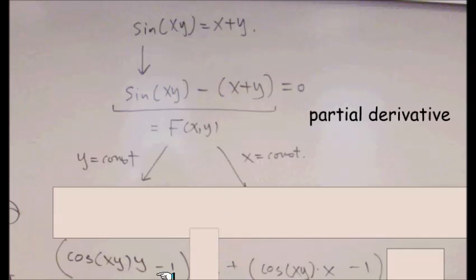So this is the result of differentiating this one, leaving y as a constant, and this is the result of differentiating this one, leaving x as a constant. After we write those two down, all you have to do is put this dx and dy in here. So like this. That's exactly the same result that I was trying to show using the derivatives of parametrization.